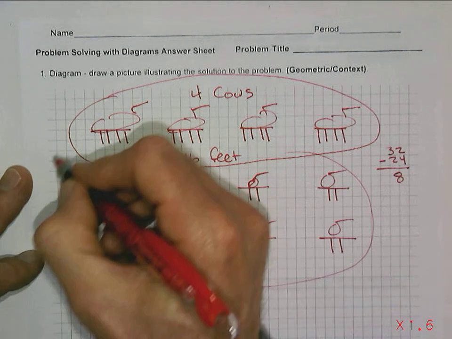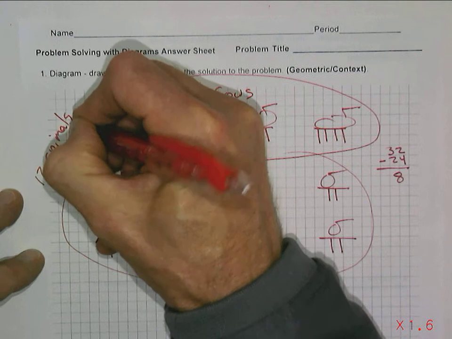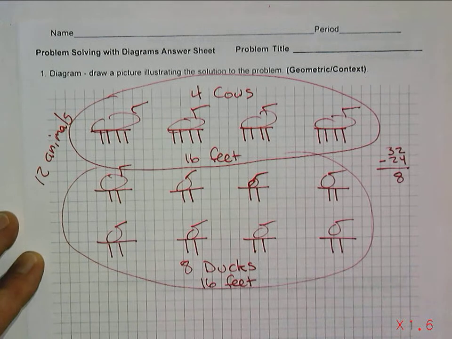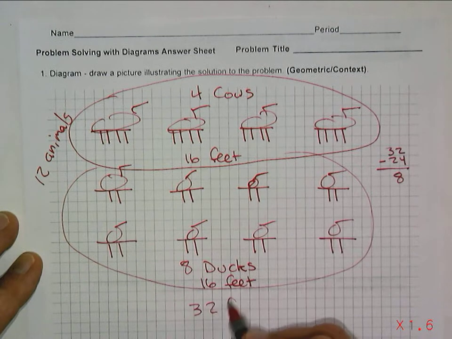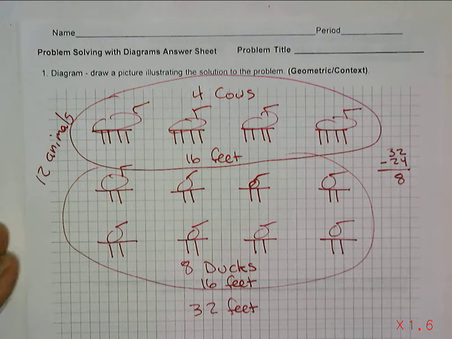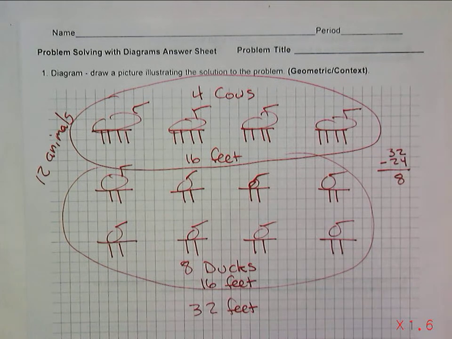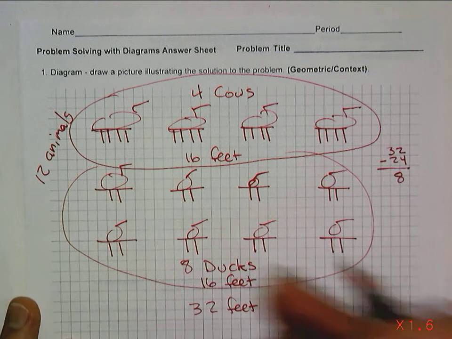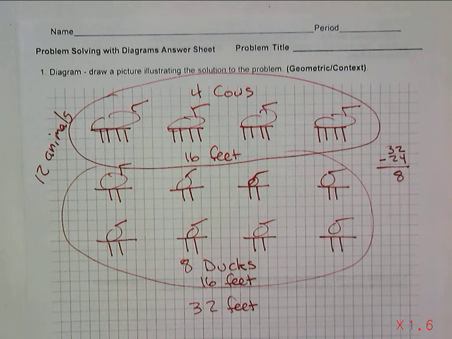And together I have all 12 animals, ducks and cows. And together I have 32 feet altogether. And simply by using a diagram, drawing kind of a rough sketch, I can use that diagram to show the context of this problem and really literally solve it with that in mind.